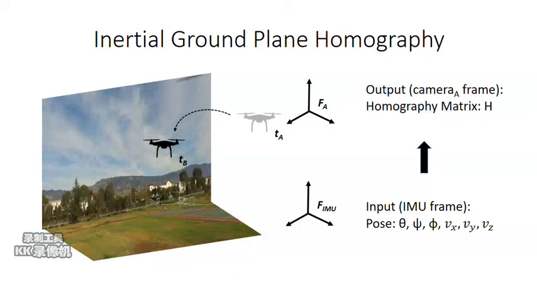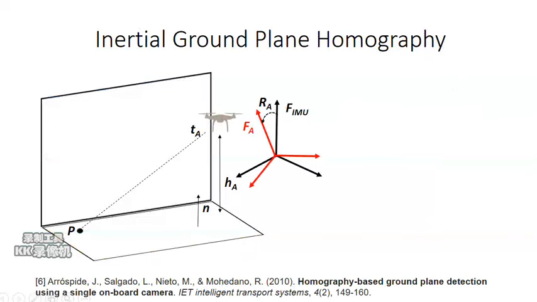Here, we propose to use the prior knowledge of the scenarios and the inertial data obtained from the IMU to calculate the homography. Here, the input is the pose information of the camera at different times with regard to the IMU frame. The output is the homography transformation with regard to the camera frame. Let us consider a drone flying on a flight plane with normal vector n.